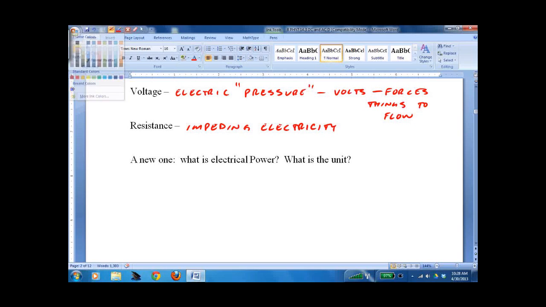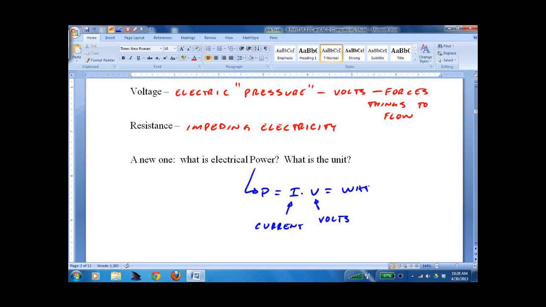And now a new one. We briefly talked about it. What is electrical power? We call it P, and it's the current times the volts. And it has a unit of watts. Watts are also, if you recall from a long time ago, joules per second.